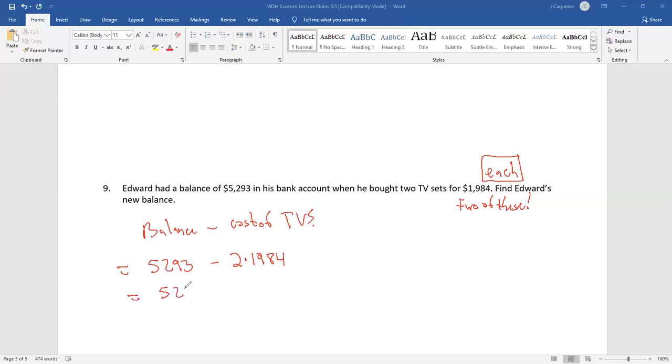So it's 5293 minus 3968. Now, I can consider this two different ways to get what I just got. I can think of just multiplying the 2 and the 1984 to get the 3968 and bring the subtraction down.